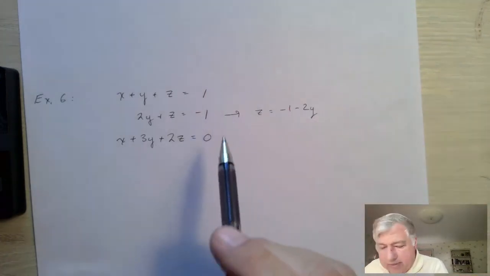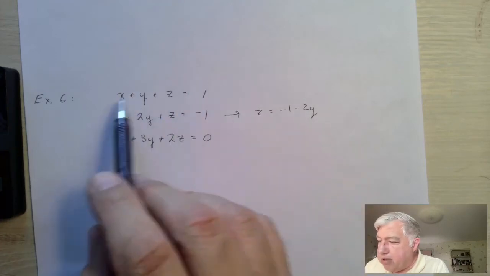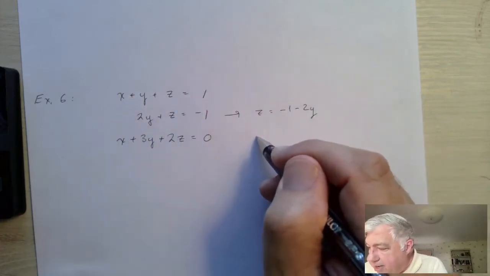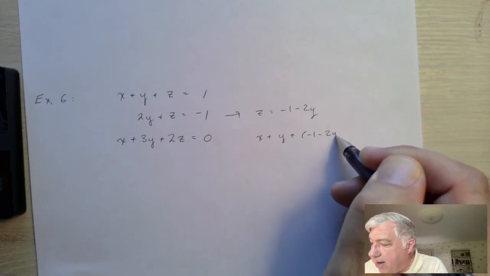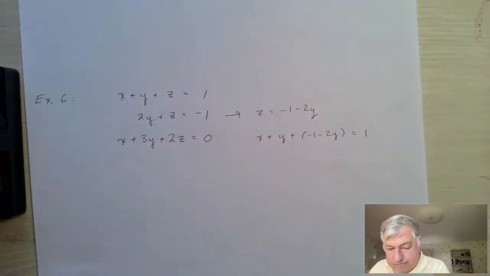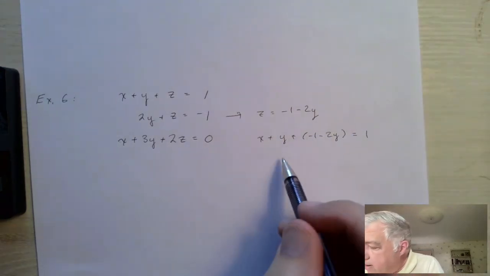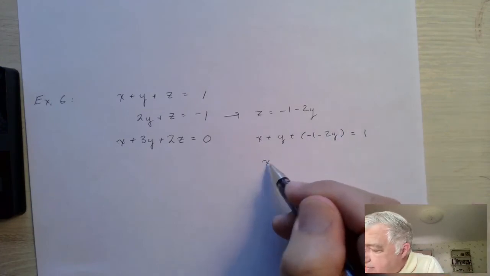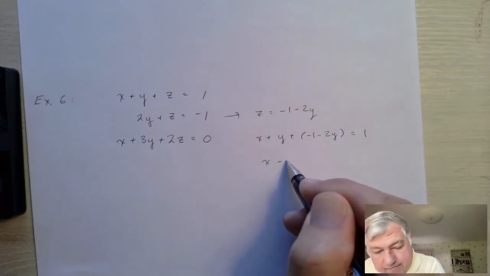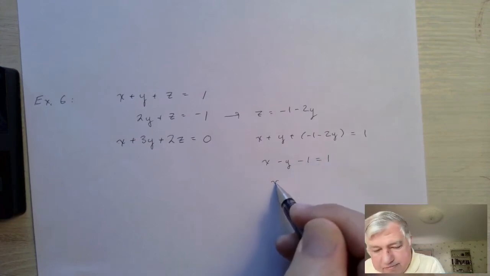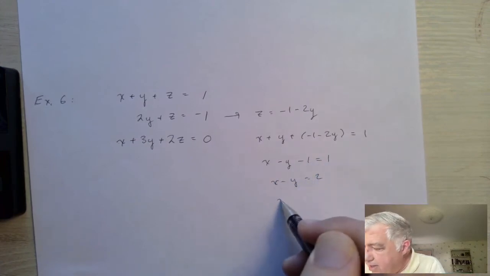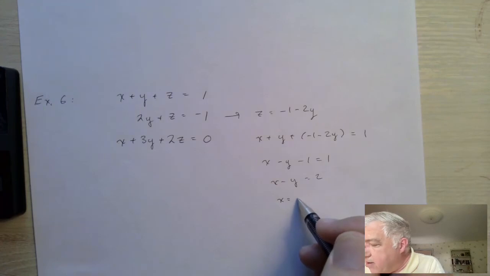Then we plug that back into the first equation and get x plus y plus negative 1 minus 2y equals 1. Simplifying, we get x minus y minus 1 equals 1. So x minus y is 2, and we can write x is going to be y plus 2.